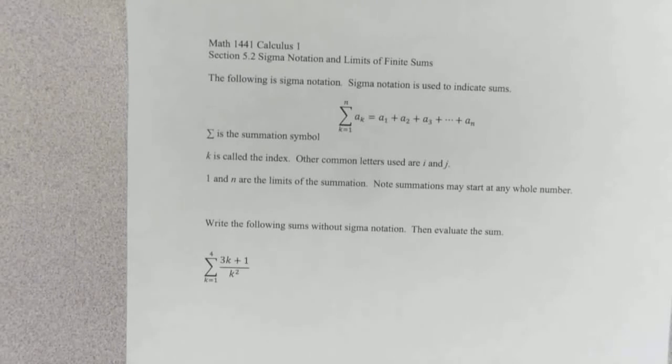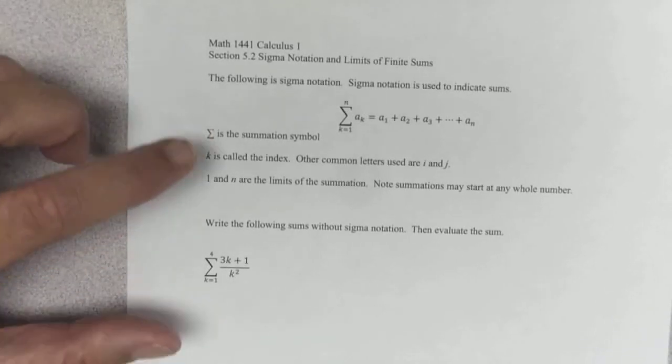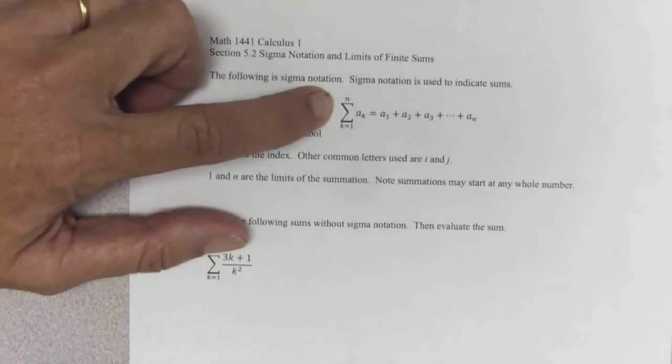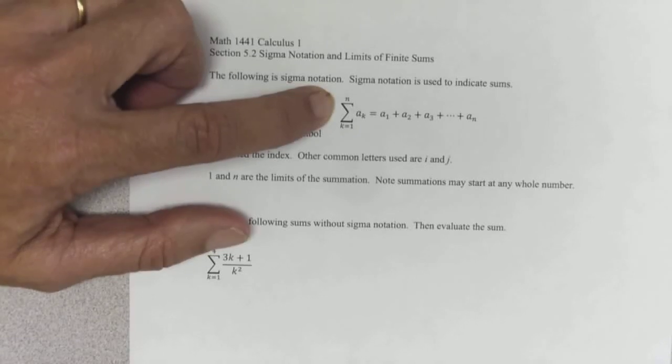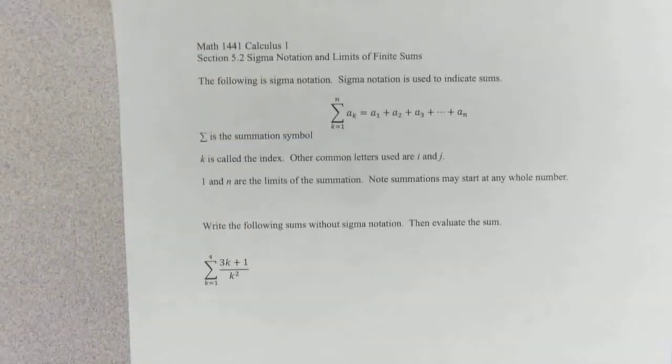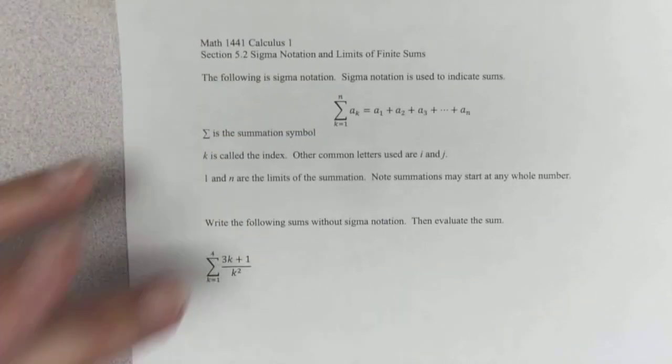They can start at 0 and then go up by 1, so you can start at 0, 1, whatever your problem happens to need. Generally, depending on the application, it's usually going to start at 0 or 1, but they can start at anything. And n is the upper limit, and that might be a number. Sometimes, as we'll see in the future, it can even be infinity. It just depends on the problem.